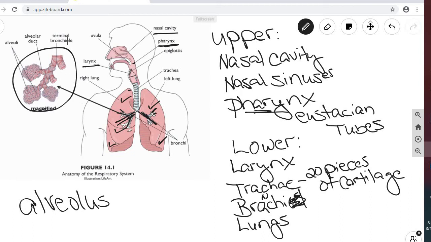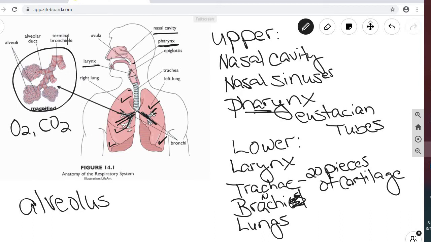So the other thing that I want to really emphasize is these alveoli, because at the alveoli is where oxygen and CO2, carbon dioxide, get exchanged between the alveoli and the blood.